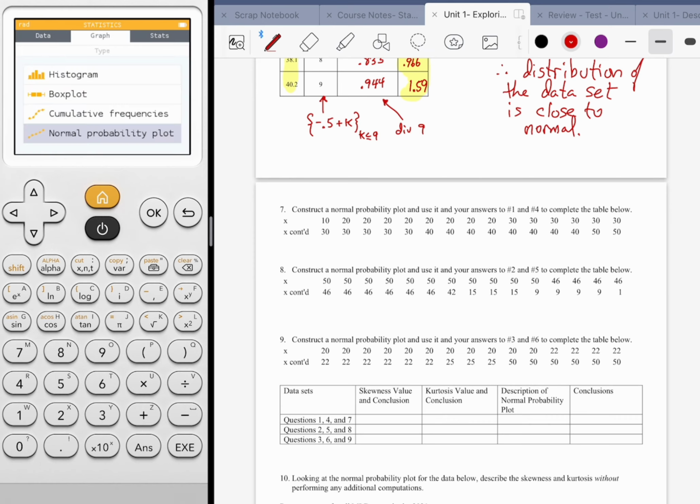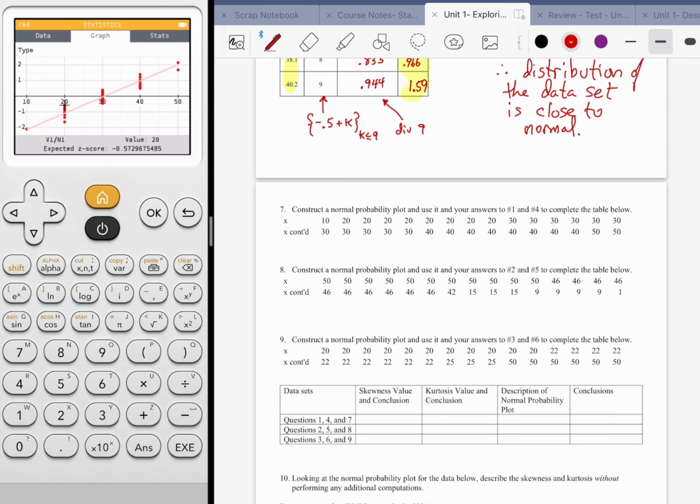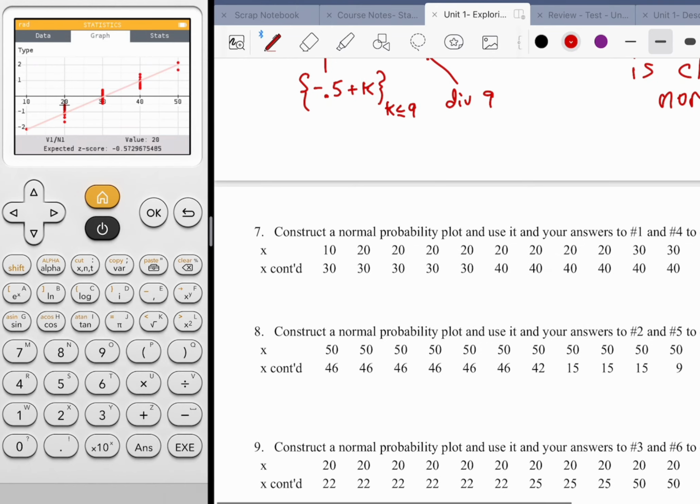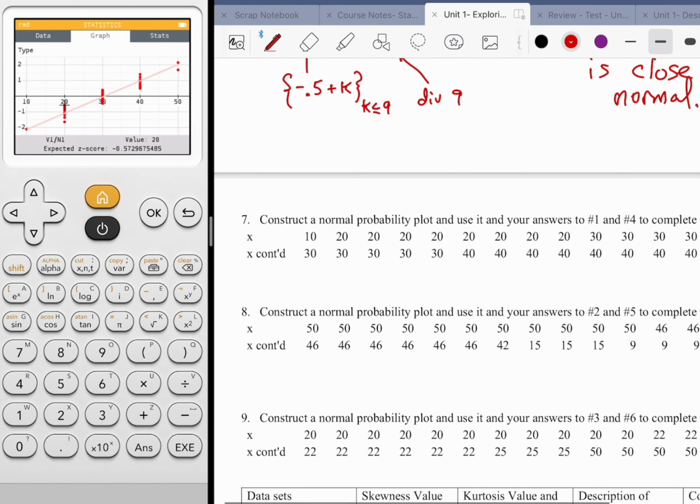So I'm going to take a look at the normal probability plot for this. And you can see, just based off of this graph right here, that you can't make a claim that this is going to be a normal distribution, because the points are not following a straight line. In fact, it's not even close. So we're looking at something that is not a normal distribution.